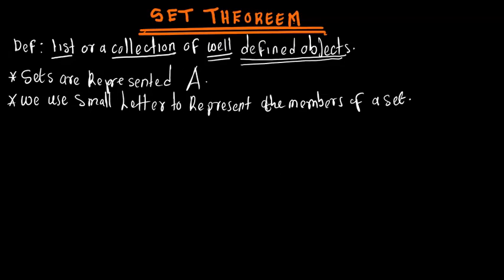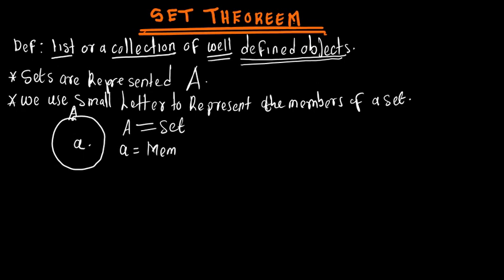For example, A is a set, but small letter a is a member of set A, implying that a is a member of big letter A. a, of course, is being found in set A. The same thing can apply if you have this particular set and you name this set by a big letter.